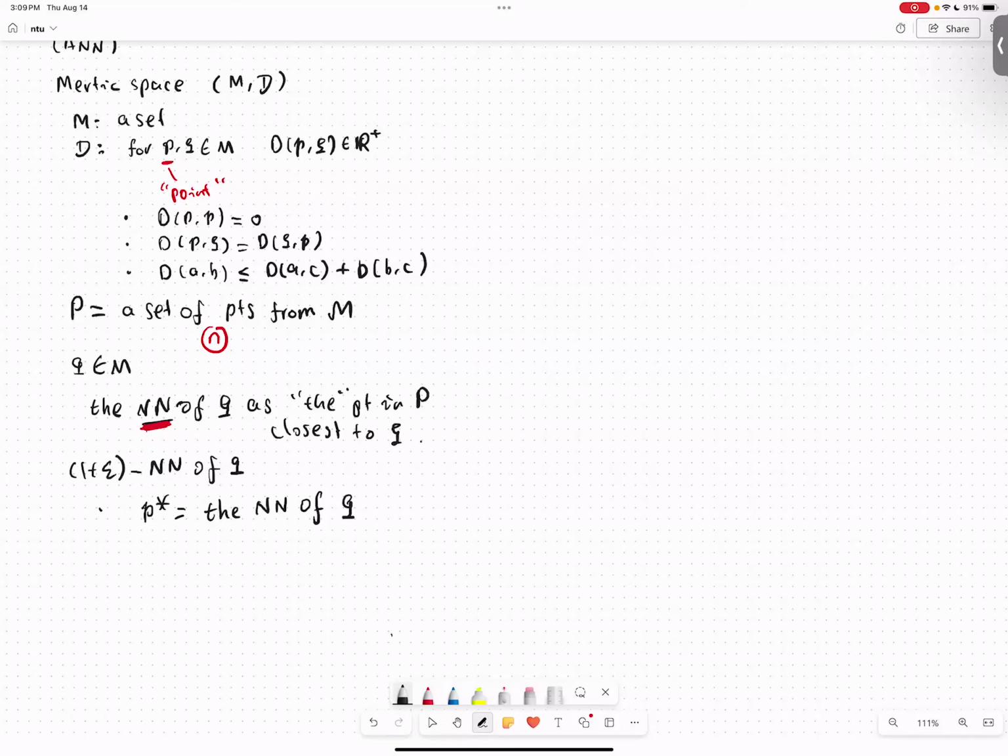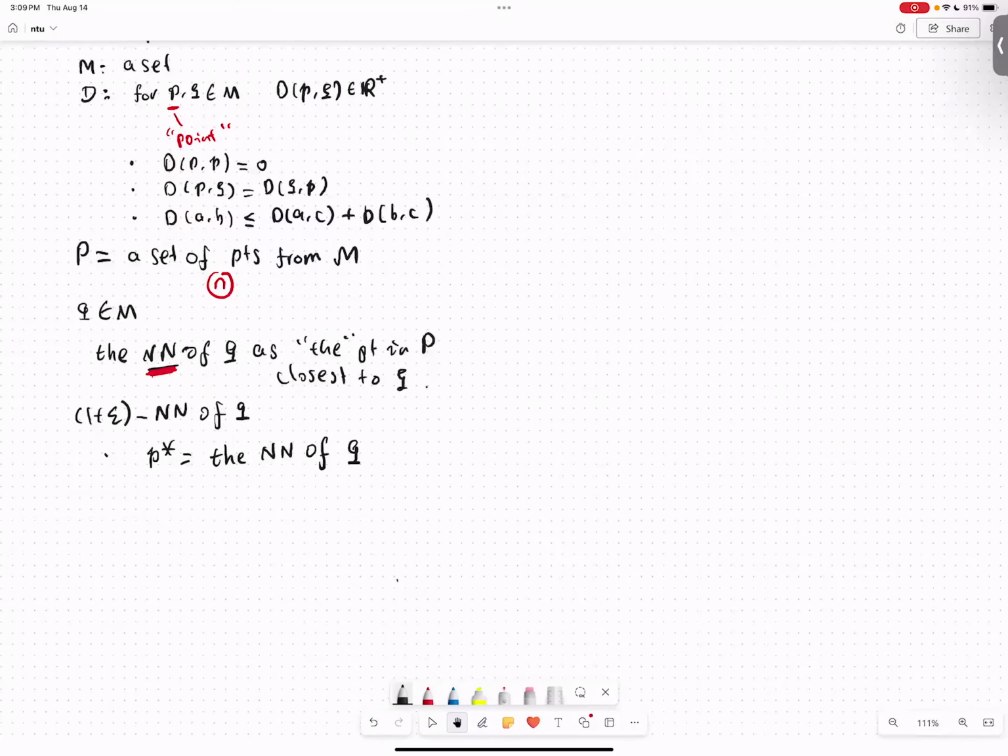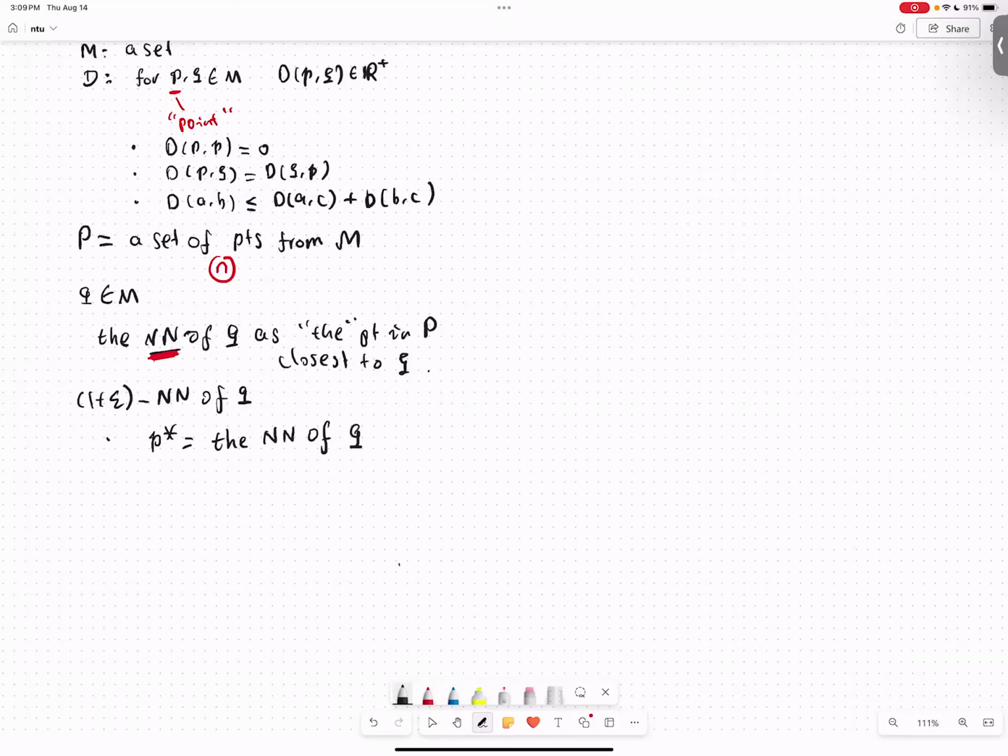All right. So now we're back. Now if I say I don't want the exact nearest neighbor, I would like to have a data point. The point will have to come from the data set P. However, this point is almost my nearest neighbor.